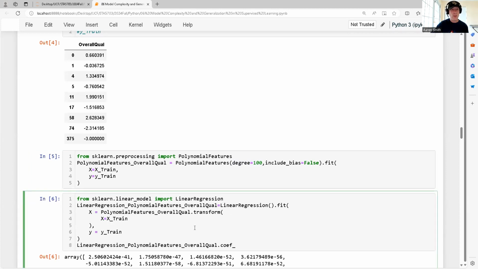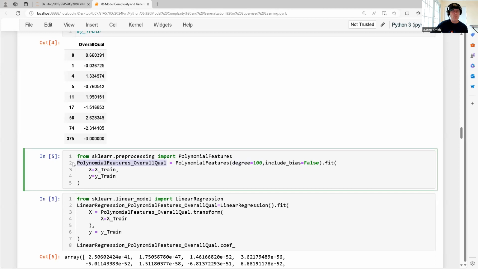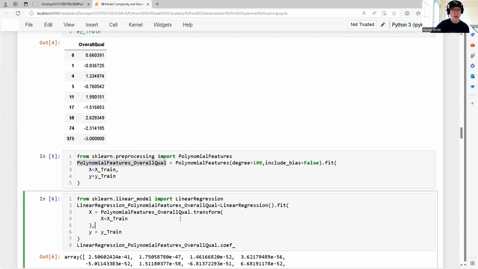You'll notice that here I'm transforming the data. This is the object that transforms my data into the polynomial columns. Then I transform the data I actually want to fit on, and then I fit the linear regression model off of this. So I'm doing polynomial linear regression.